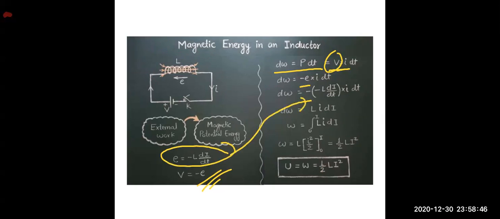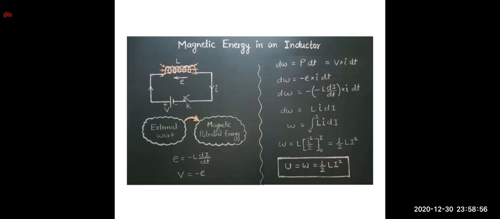So it will become minus of minus L di by dt into I dt, where I is the current at some time instant t. Now here dt will get cancelled, and minus minus will get cancelled, and you are left with L I dI. So this is the small work done.